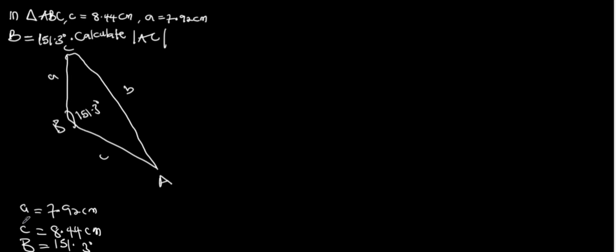We are given A equals 7.92 centimeters, C equals 8.44 centimeters, and we are given angle B, which is equal to 151.3 degrees. We are given side A, we are given side C, we are not given side B, and we are given angle B. Then that means we are using the cosine rule, which will be used to find the missing side.